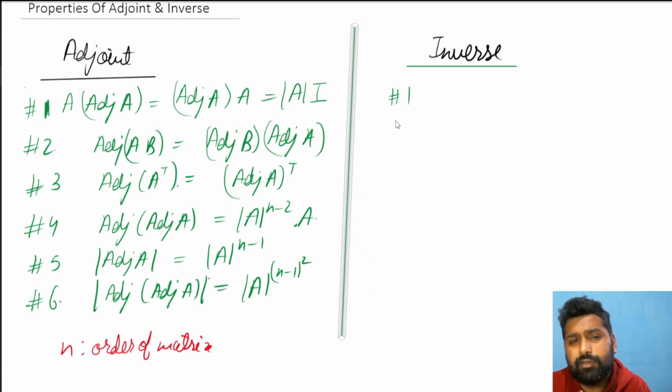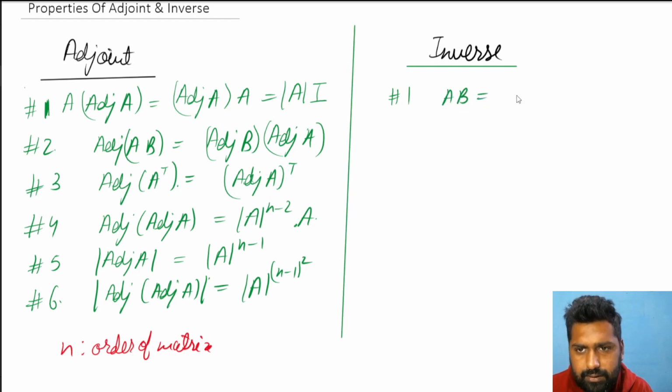First of all, how we used to define it: if you multiply AB and it results in the identity matrix of nth order, and whether you multiply BA, so you multiply A with B or B with A, in that scenario, if it generates the identity matrix, then B is A inverse. That's the first thing.